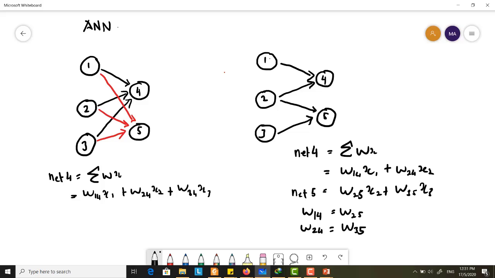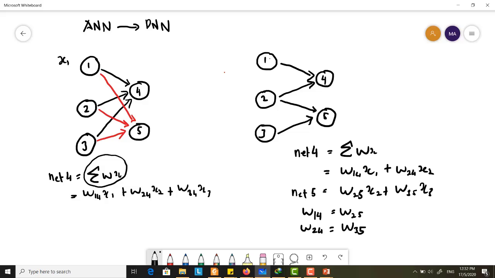When you increase the hidden layers it becomes a deep neural network, but the architecture is still similar: it is fully connected. So to find net 4, for example, the concept is similar. You need to do a sum of product, but because of the full connection, to find your net 4 you must multiply W14 with X1, then multiply W24 with X2.